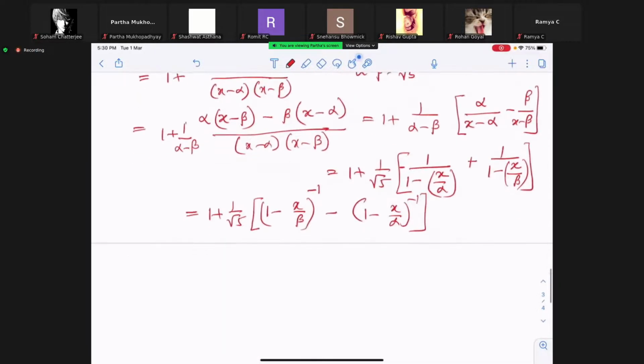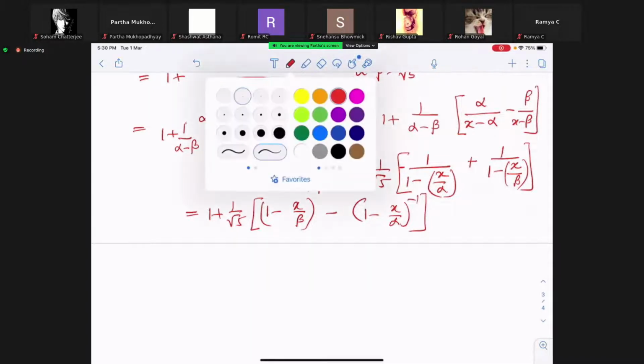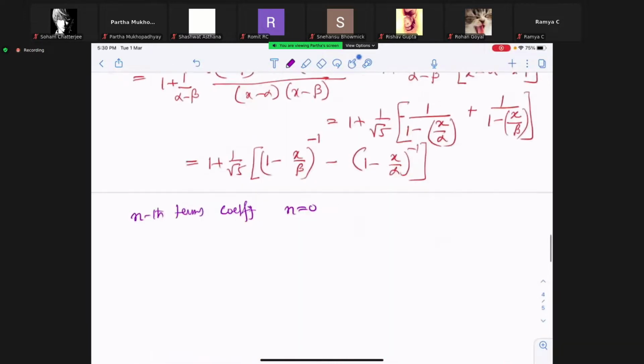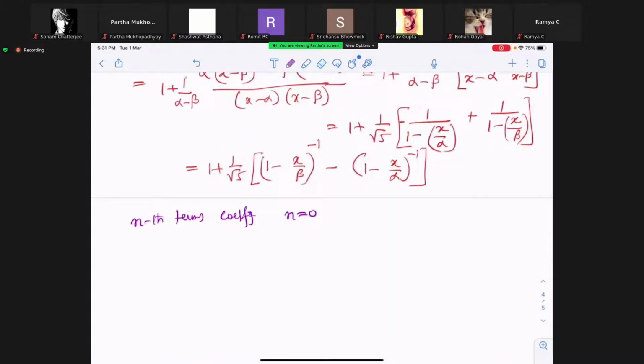So what is the nth term? Now we got the closed expression. The nth term coefficient: for n equal to 0, H0 is 1. Yes. For n greater than or equal to 1, what will you get? Hn equal to 1 over root 5.